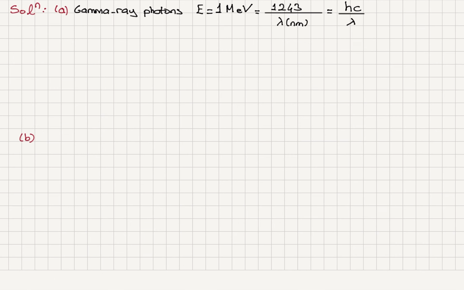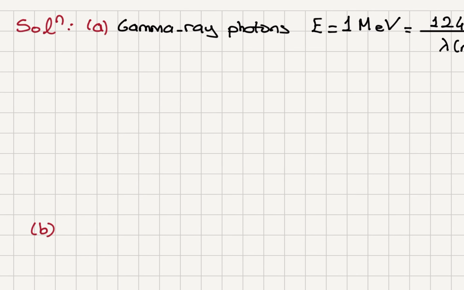Okay, so we can calculate the wavelength of the gamma ray photons. Lambda is equal to 1243 divided by 1 times 10^6 electron volts.